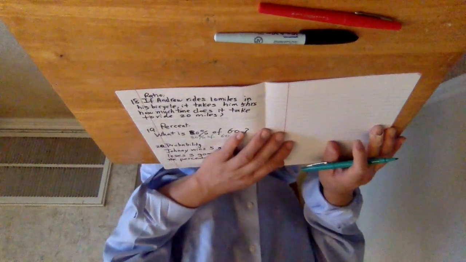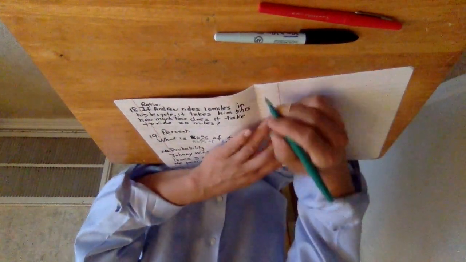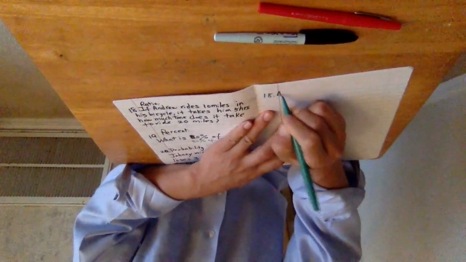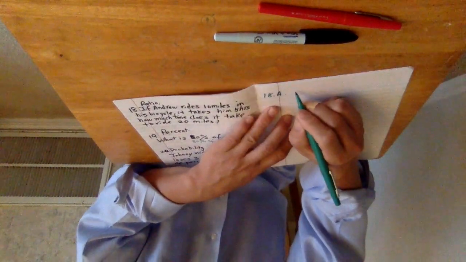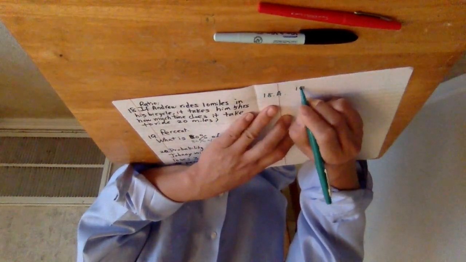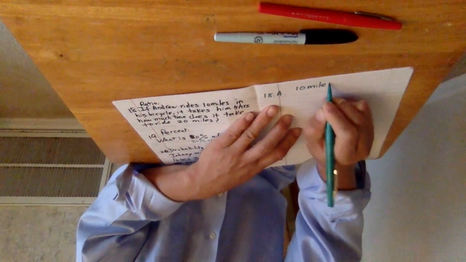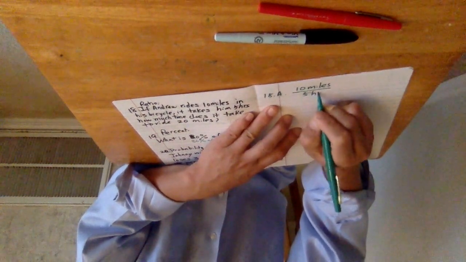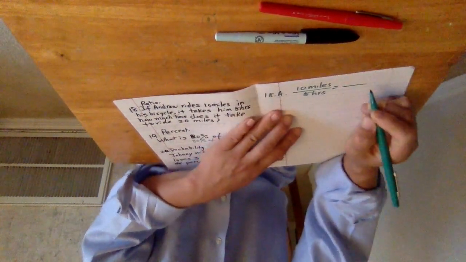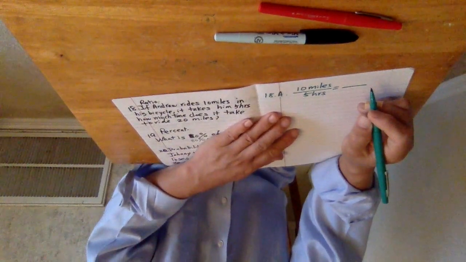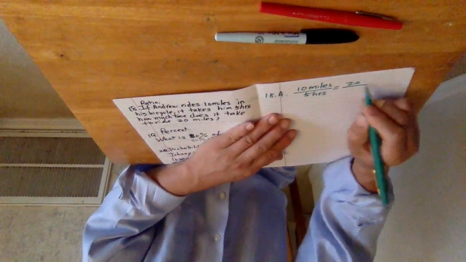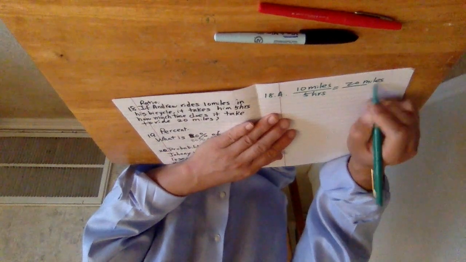Number 18. If Andrew rides 10 miles in 5 hours, how much time does it take to ride 20 miles? 20 miles to x.